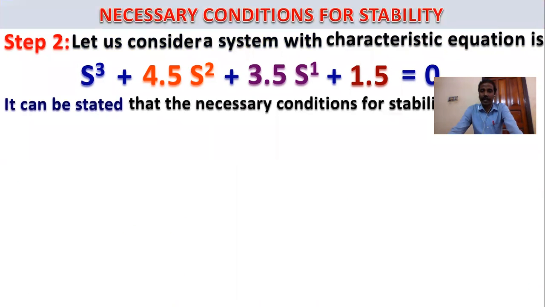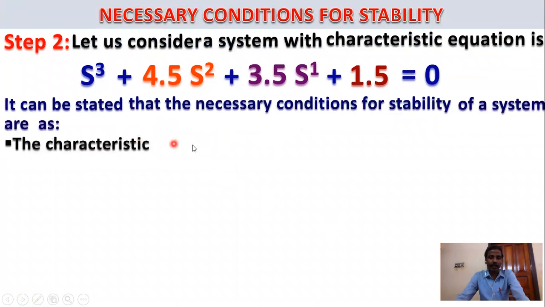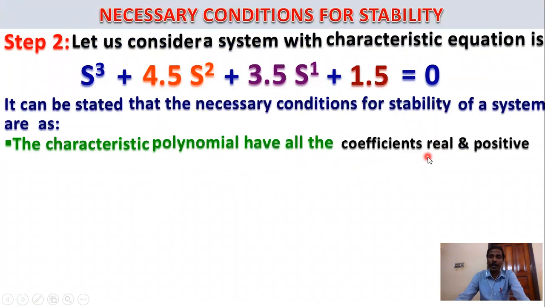It can be stated that the necessary conditions for stability of a system are as follows. What is the necessary condition? The characteristic equation polynomial must have all the coefficients real and positive.